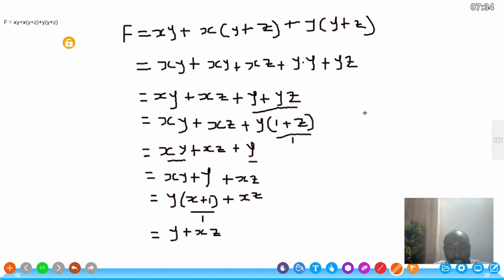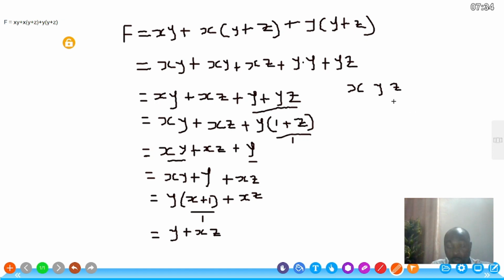So let's even make an attempt to draw the circuit diagram of the final expression. So we have 3 variables in terms of x, y, z. So let me make an attempt to draw the circuit diagram for that. So x, z, right? So we have y.